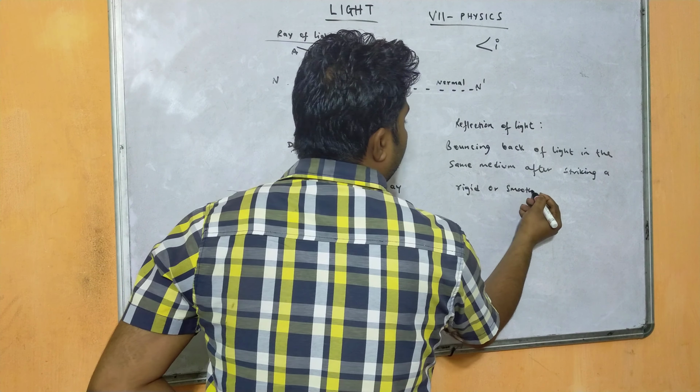This is the definition of reflection of light. Bouncing back of light in the same medium after striking a rigid or smooth surface is called reflection of light.